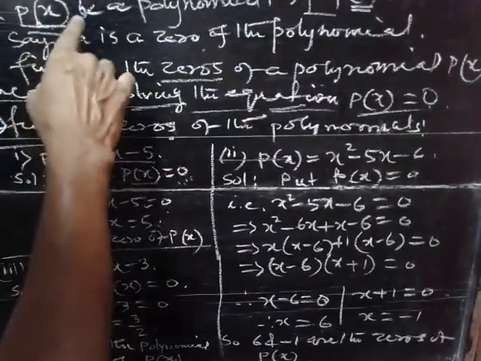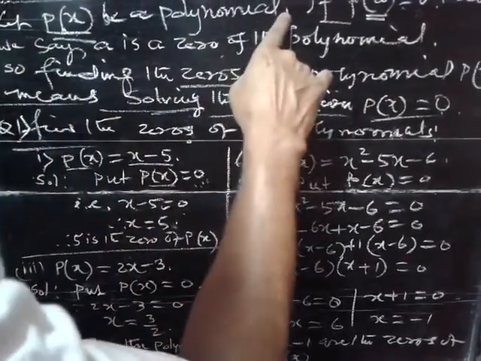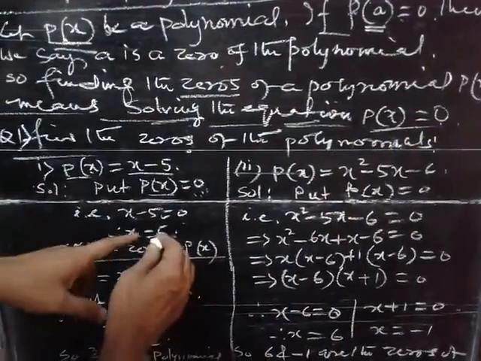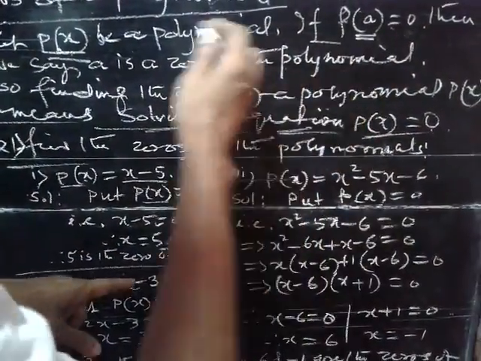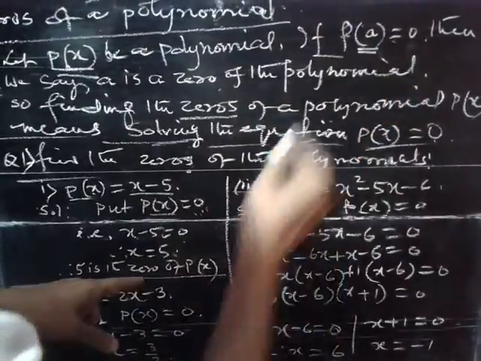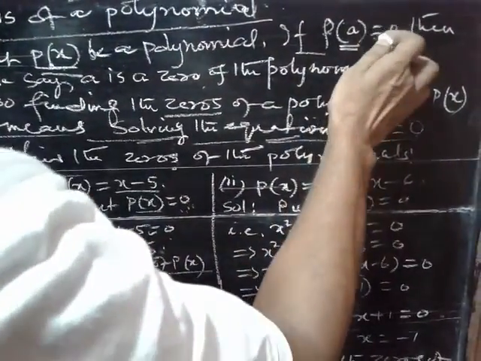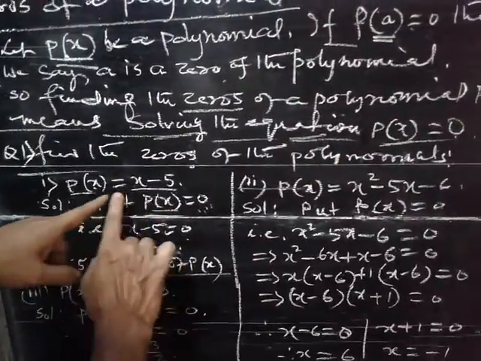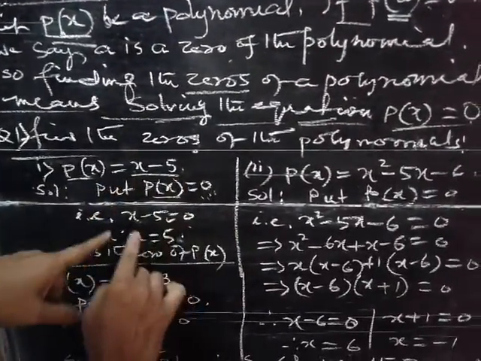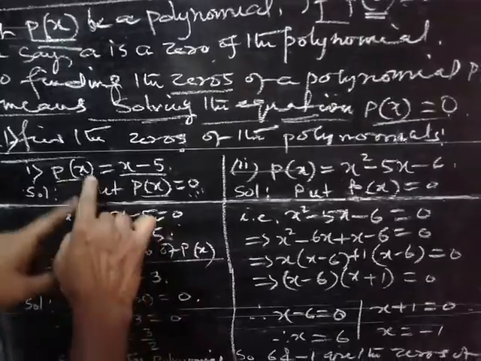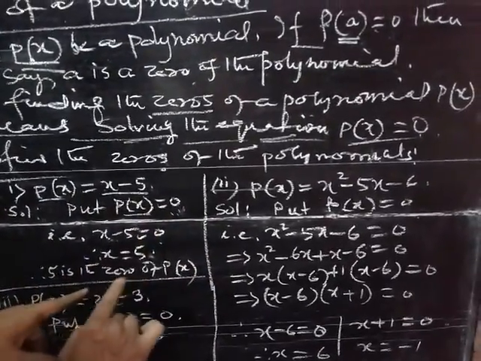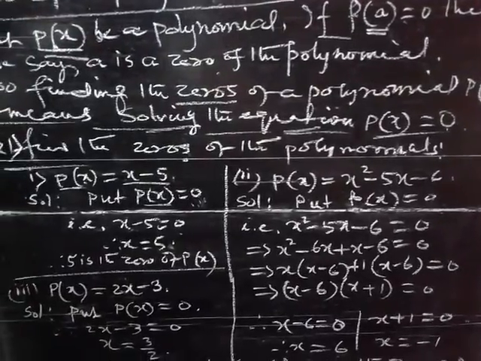What I mean to say is, p(x) has a zero a if p(a) equals 0, that is, for what value the polynomial is getting 0. Here the polynomial p(x) equal to x minus 5, for the value x equal to 5 it is becoming 0. So 5 is the zero of the polynomial p(x).